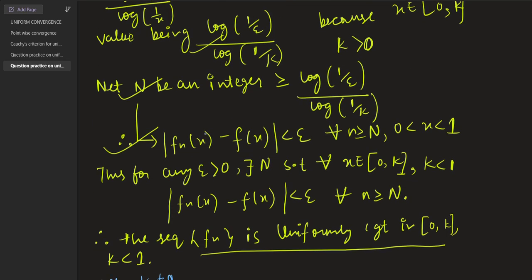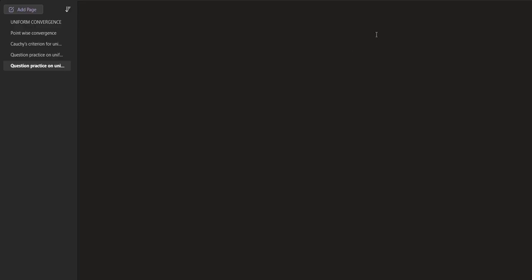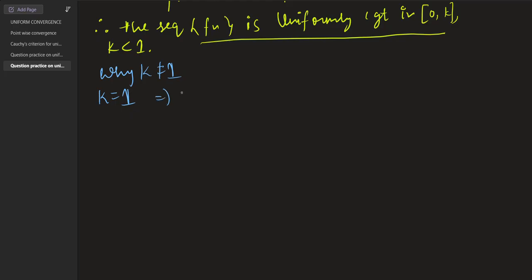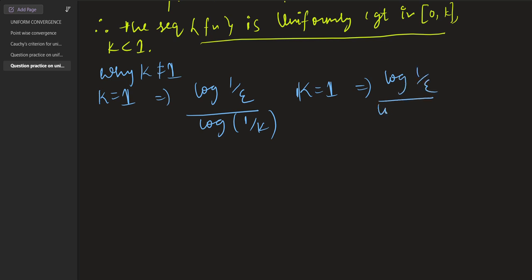Your maximum value is log 1 by epsilon upon log 1 by k. If you take k equals 1, this is log 1 by epsilon upon log 1 by 1. So this is log 1 by epsilon by 0, this is infinity. So k can't be equal to 1.